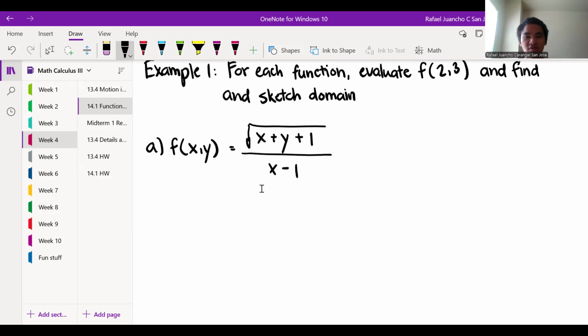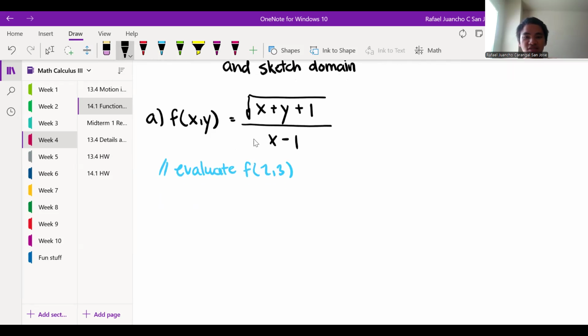Well, okay, I guess now I can evaluate. So first thing I do is evaluate my f of 2, 3. So I just treat it like a regular function. When I see x, I plug in a 2. When I see y, I plug in a 3. So I'm going to say f of 2 comma 3, which is, so 2 for my x, 3 for my y. That's it.